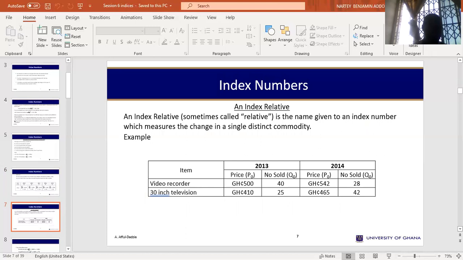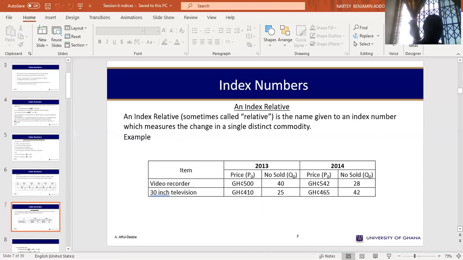Okay. But I was saying that we need to look at another formula, that is the value relative. When we say value relative, the value of a commodity is normally defined as the product of the price per unit and the quantity.